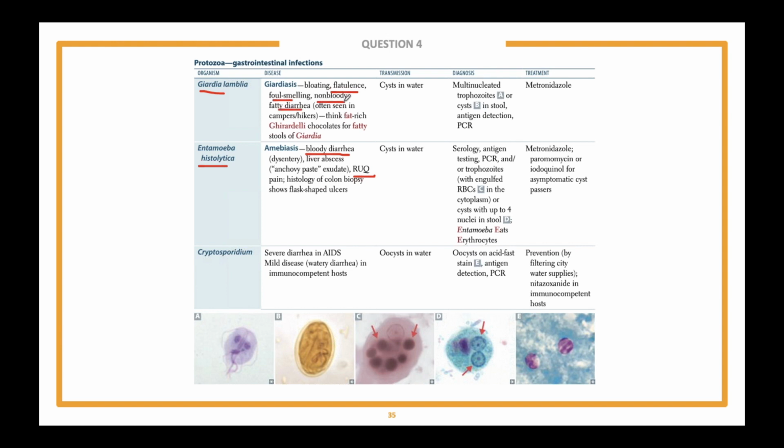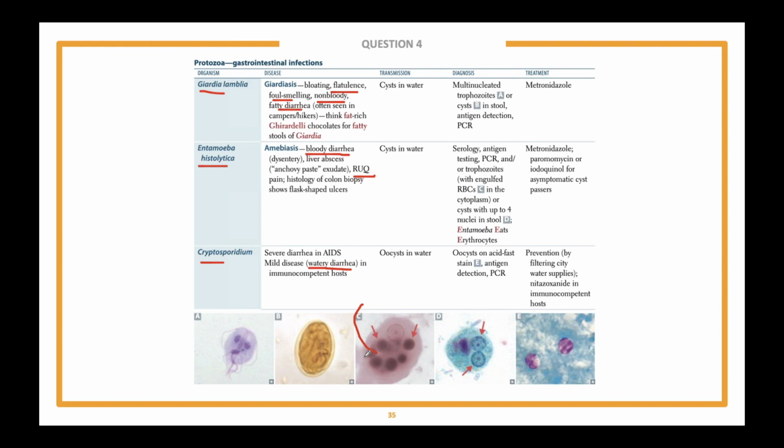Versus Cryptosporidium, if you're immunocompromised, it can lead to severe diarrhea, but in immunocompetent patients, it's more so just watery diarrhea. Looking at the very bottom, Giardia has those tear-shaped trophozoites with two nuclei, and for Entamoeba histolytica, the pathologic finding would be trophozoites with engulfed red blood cells. That's what they're pointing to with those red arrows in image C. Those are red blood cells that are engulfed.